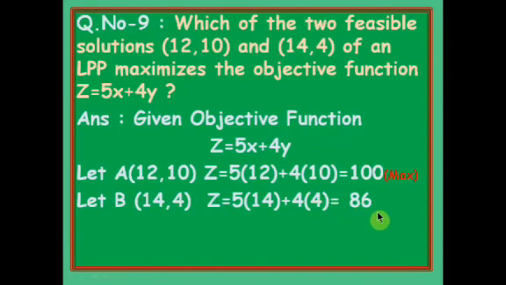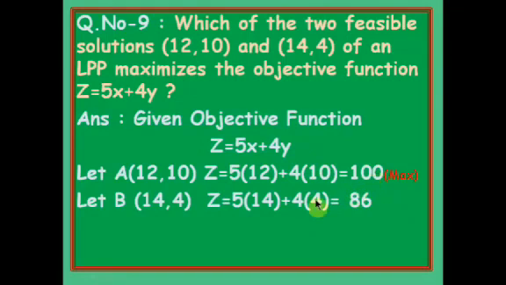So we have got now z values for both the given points. Since it was a maximization problem, and the question asked which of these 2 points maximizes the objective function 5x plus 4y, 100 is the maximum here.